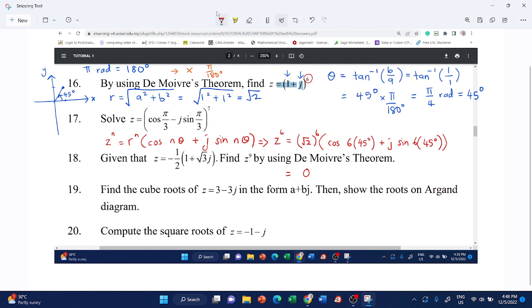Second one is negative 8. So here we have minus 8j, and you just leave it here.